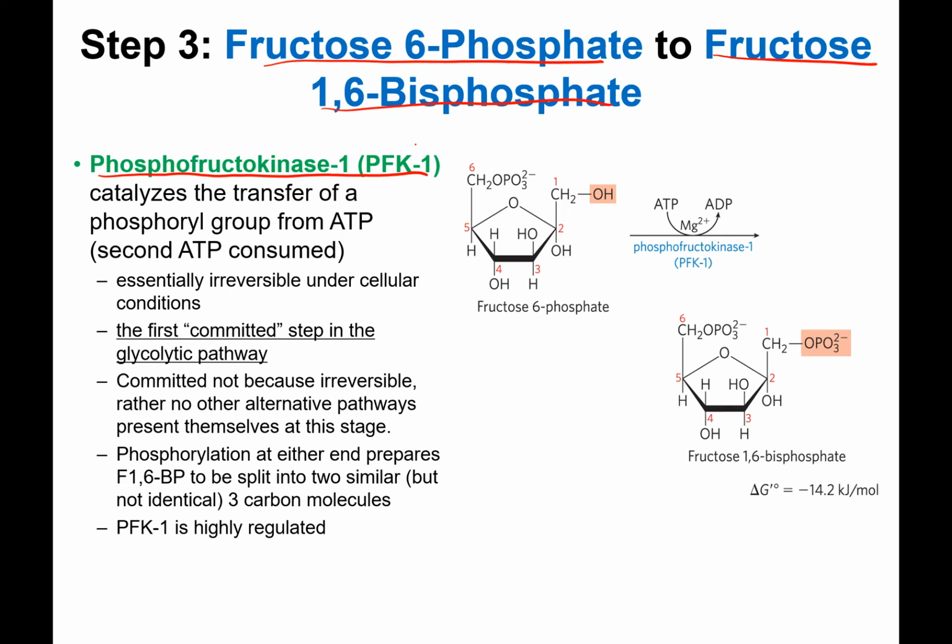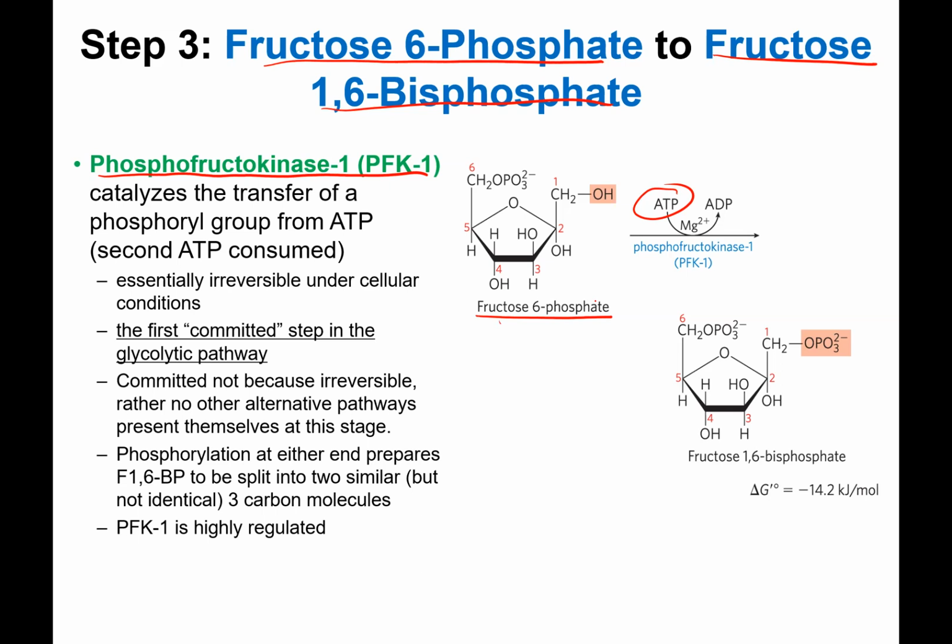It is called phosphofructokinase 1. What do kinases do? Generally, we think of kinases as phosphorylating things, right? So indeed, that's what happens here. We have ATP as a substrate for our reaction, as well as fructose 6-phosphate.